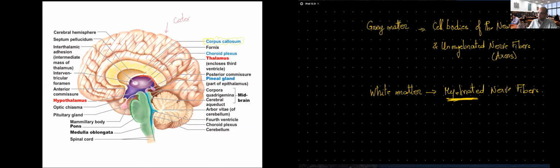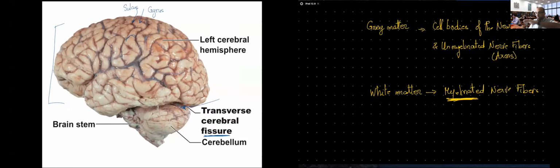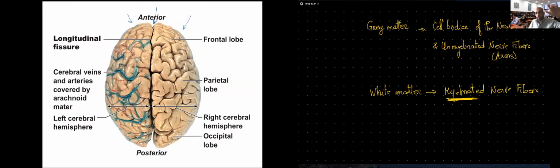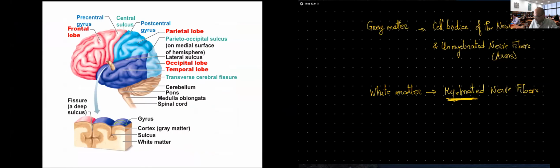If we're looking at the cerebral cortex, we will see it's not smooth. It has elevations. We call this elevation a gyrus. And we've got shallow grooves. Those are called the sulci or a sulcus.